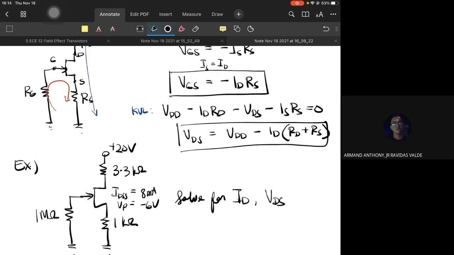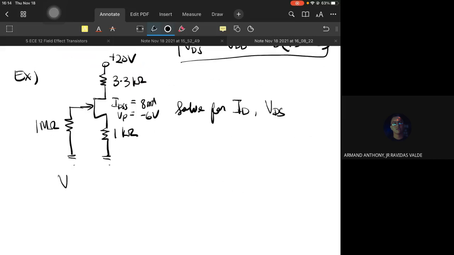VGS equal to negative ID RS. So VGS is equal to negative ID times, what's RS? 1K. So negative 1K times ID.